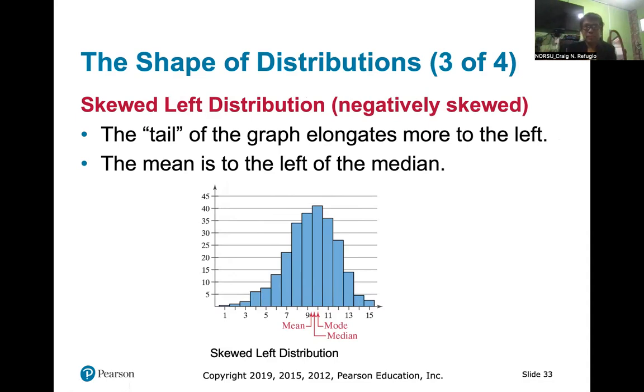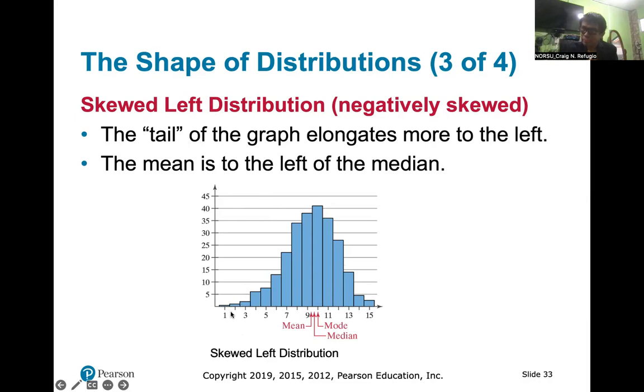If you go to the right side of the graph, the values are getting bigger. So if we talk about scores, this part corresponds to higher scores and this part corresponds to lower scores.